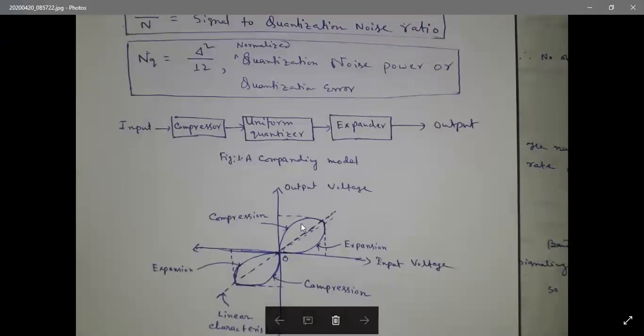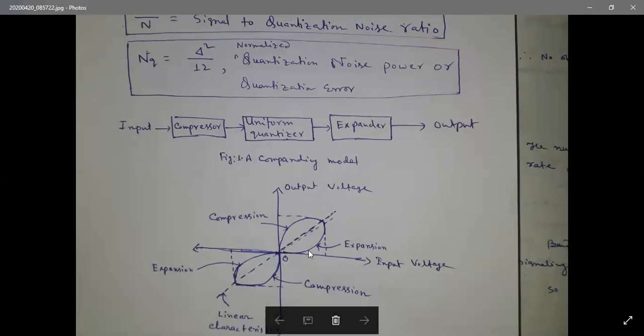Now we will analyze this figure, the linear characteristic of the PCM system, because all of these parameters are involved with the PCM application: companding, uniform quantization, non-uniform quantization, everything. Here the y-axis represents the output voltage and the x-axis is the input voltage.